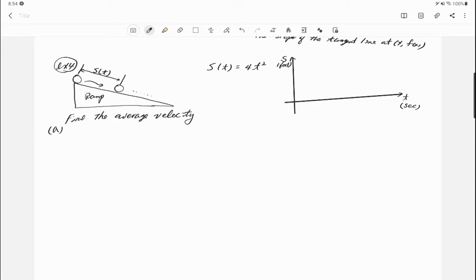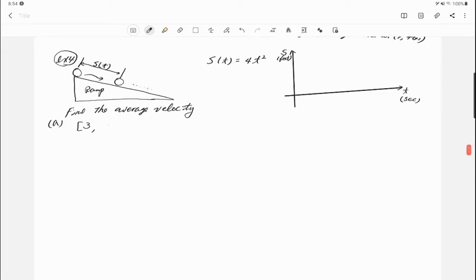And average velocity is, on average, every second, what's the distance the ball traveled? That's the average velocity or average speed. So the time interval is 3 seconds after the ball started to roll, and then 5 seconds after the ball started. We want to find the average velocity between these two time periods.